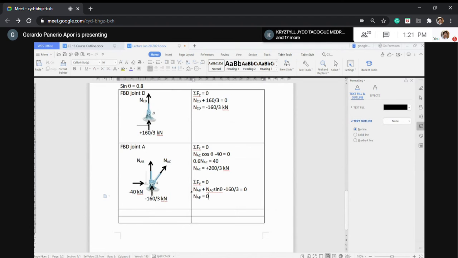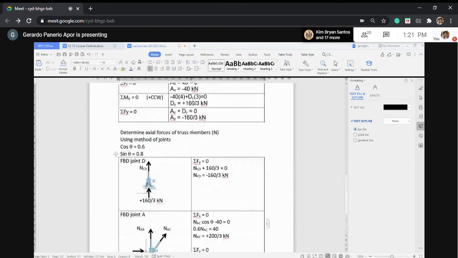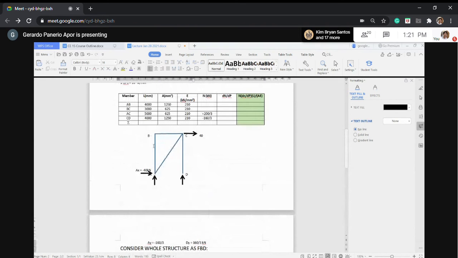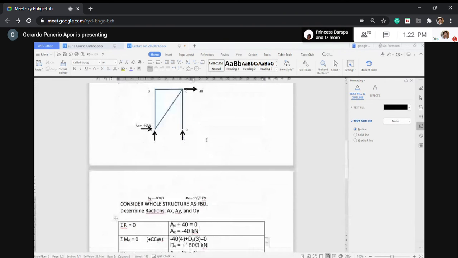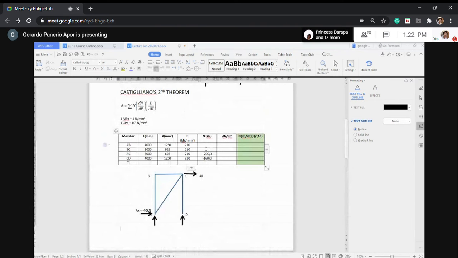How come? Joint B has no load, so if it had a load, that would need to be explained. So N_AB is 0. If you have some zero, it becomes easy, because anything multiplied by 0 is 0. Then BC is our remaining problem.